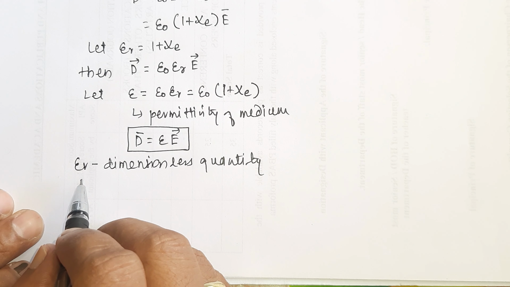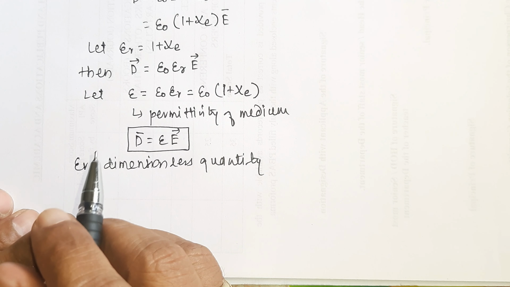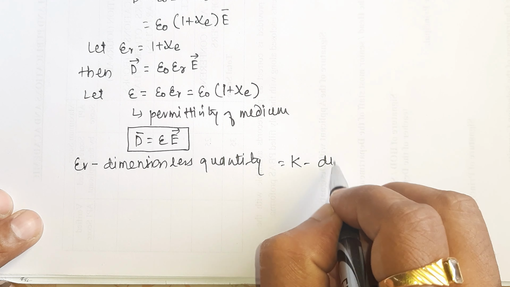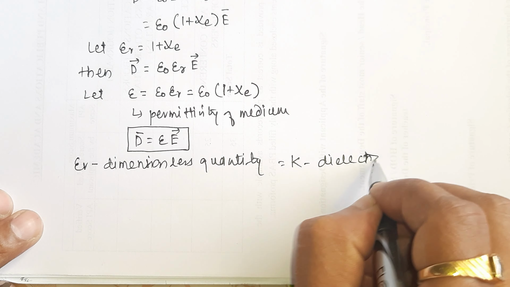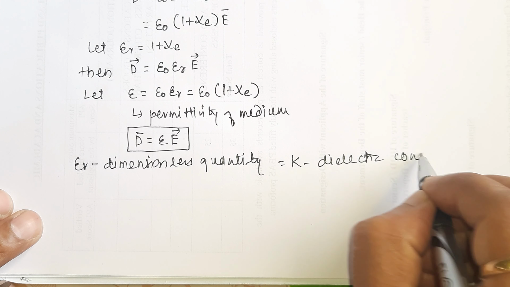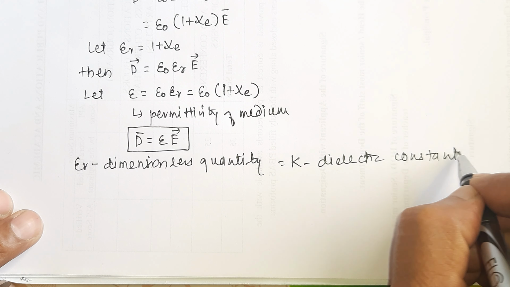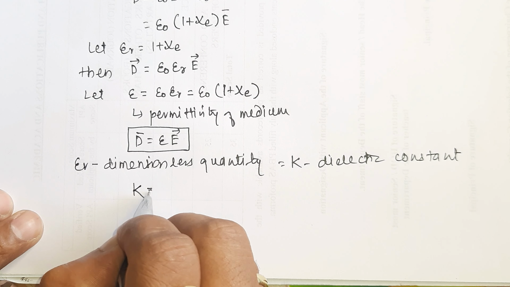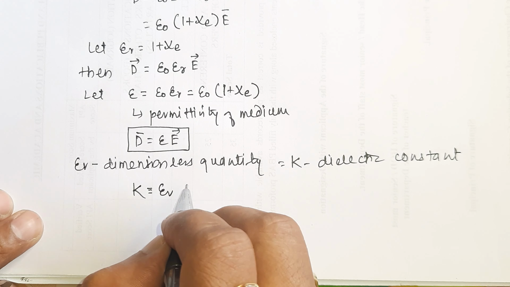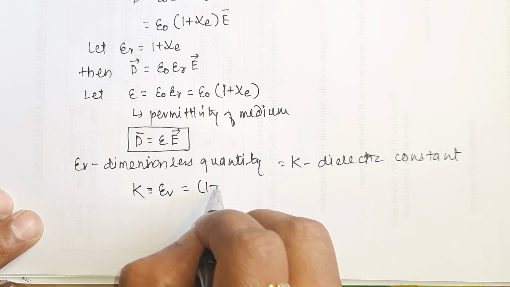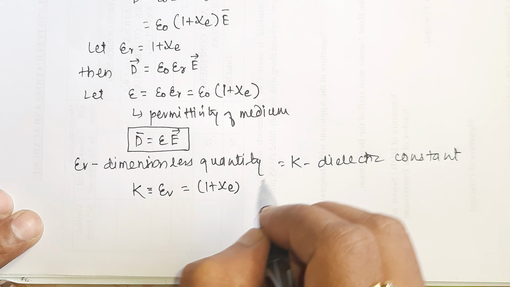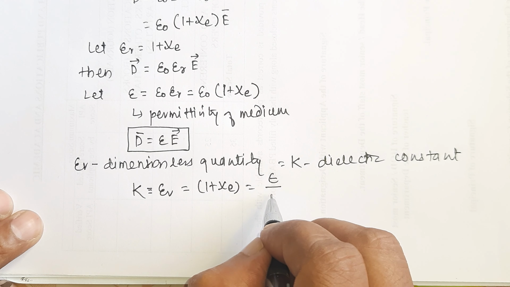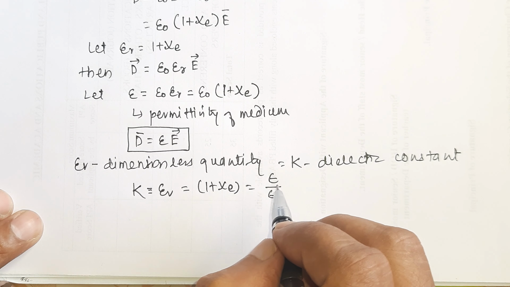This relative permittivity is also known as the dielectric constant K. It is equal to epsilon r, 1 plus chi e, or we can write epsilon upon epsilon 0.